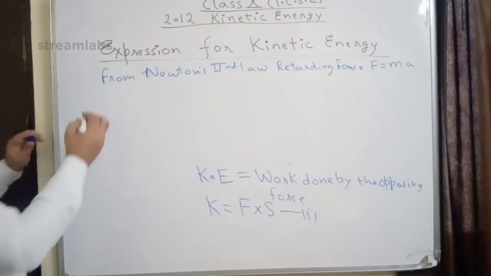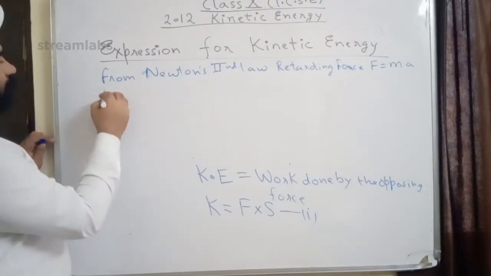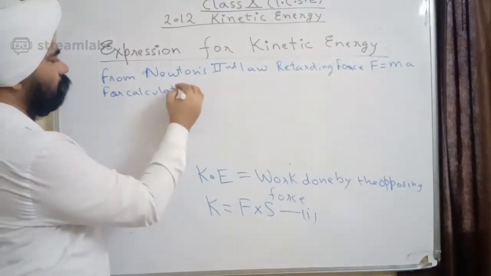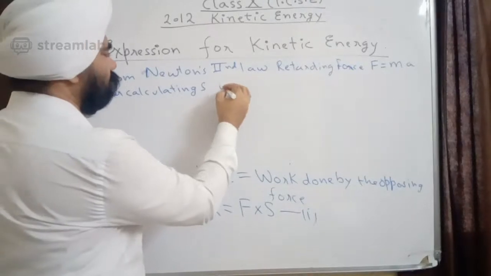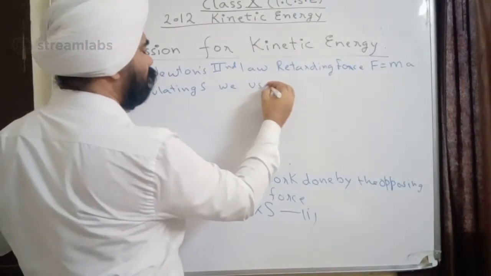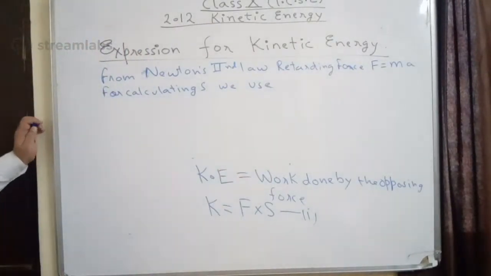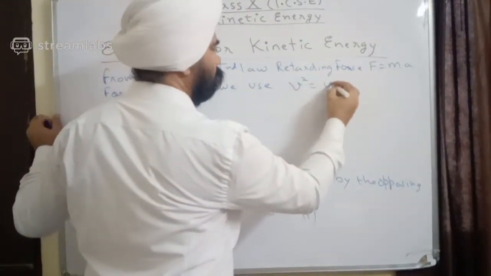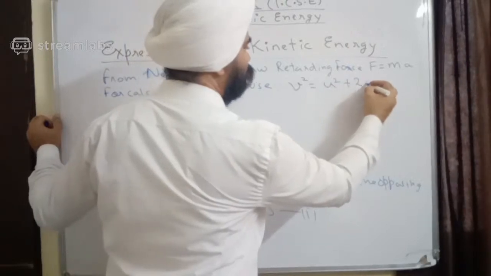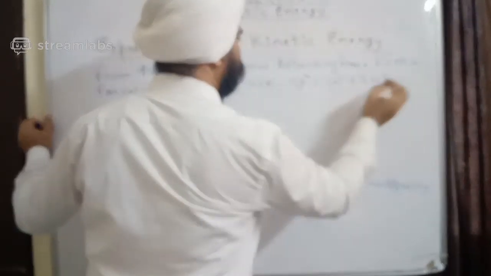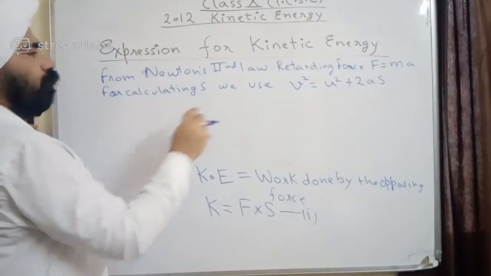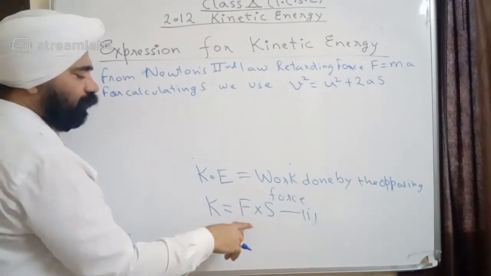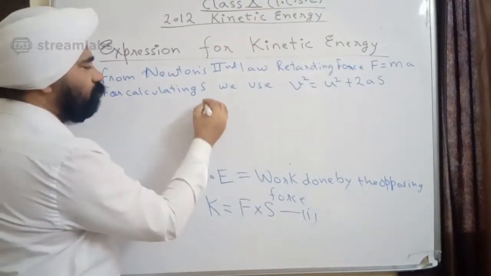Now let us calculate S. For calculating S, which equation do we use? We use the third equation of motion. Now v square, the final velocity, we know has become 0.